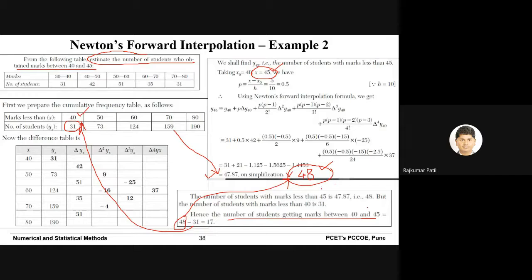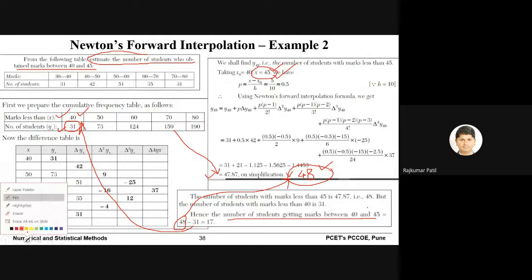Because 48 students received less than 45 marks and, sorry, 31 students received marks less than 40.